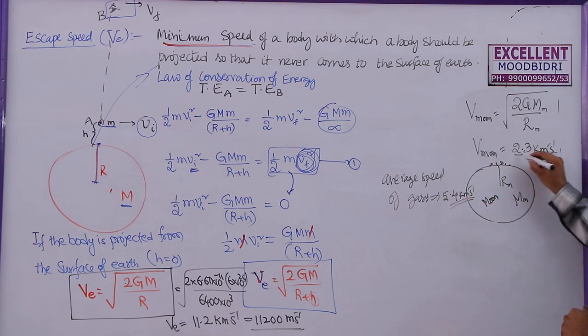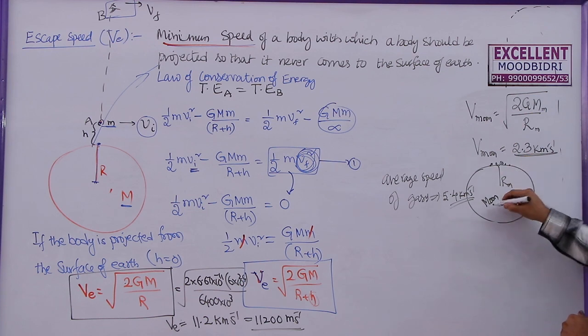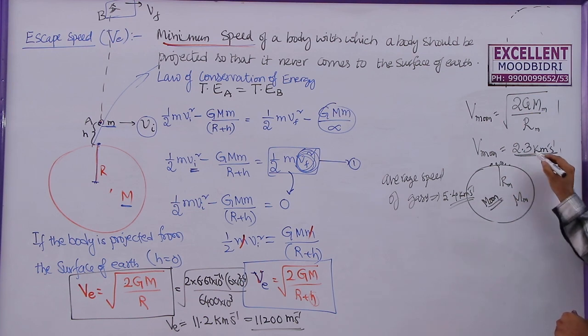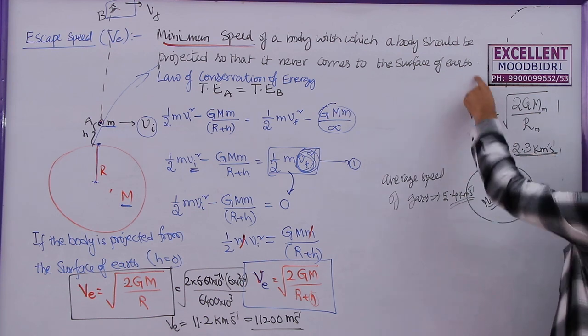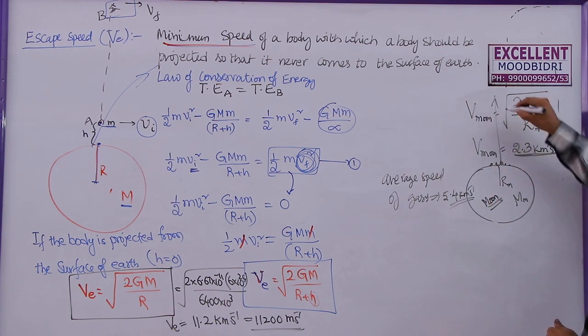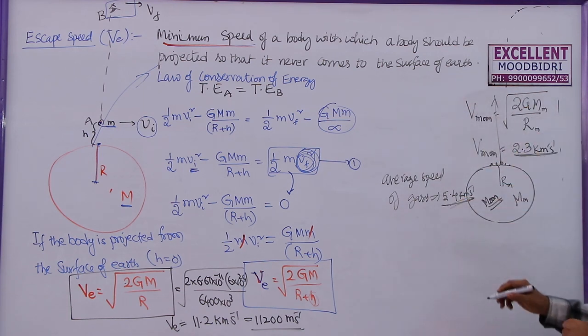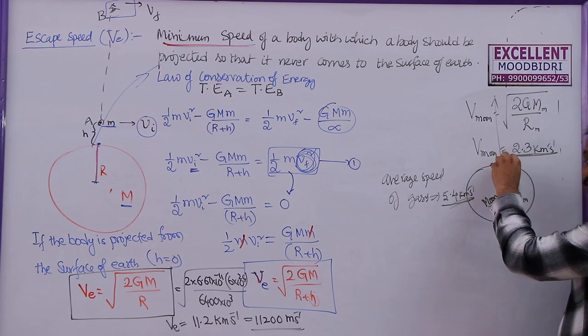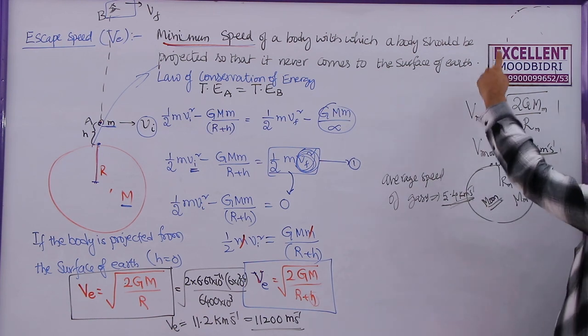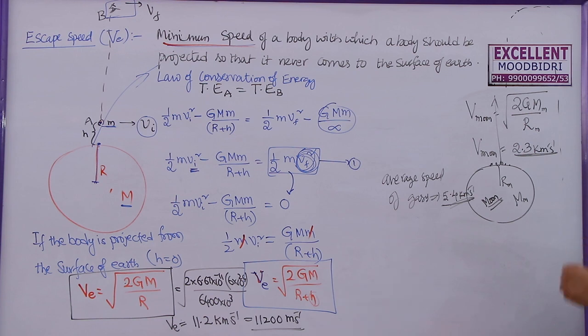But how much speed is required to escape from the surface of the Moon? Only 2.3. That means a gas particle which escapes from the surface of the Moon will never come back onto the surface of the Moon, because the escape velocity there is only 2.3 kilometer per second. So that's why there is no atmosphere on the surface of the Moon.